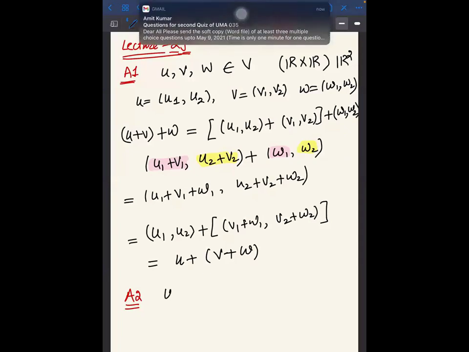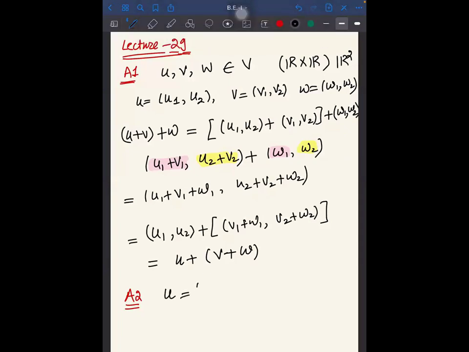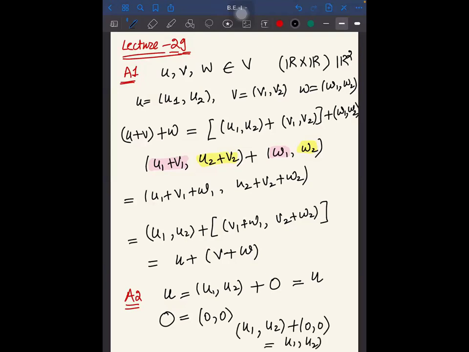Say I have u = (u1, u2) and I want to add zero to it. What kind of zero can be added so that it still remains u? Can you construct such a zero? (0, 0), very easy. Because if you take (u1, u2) and add (0, 0), it will still remain (u1, u2), which is u.